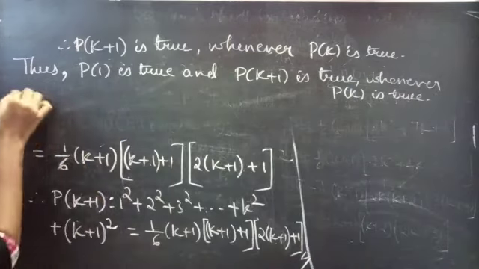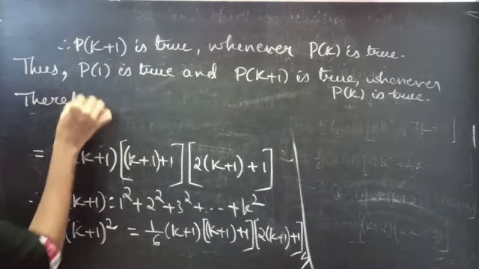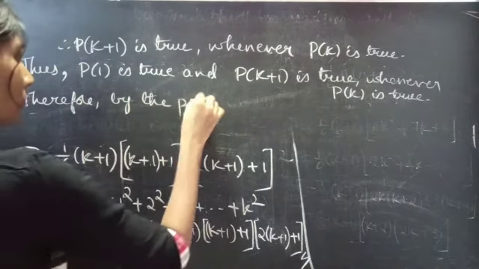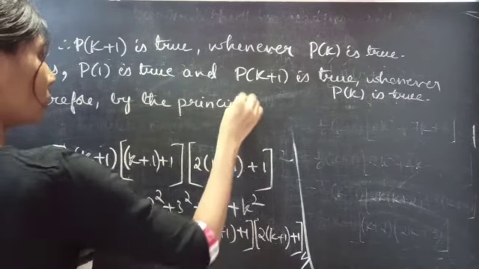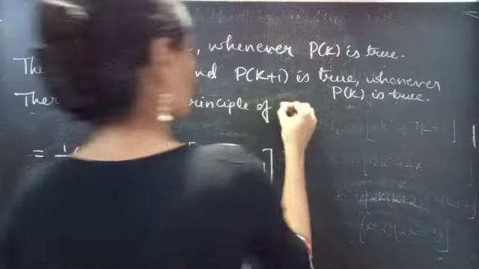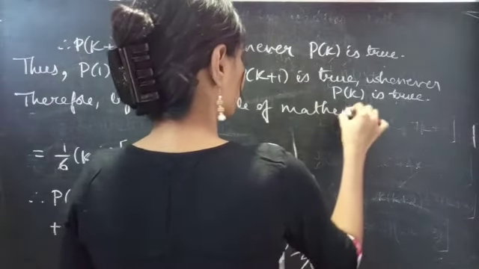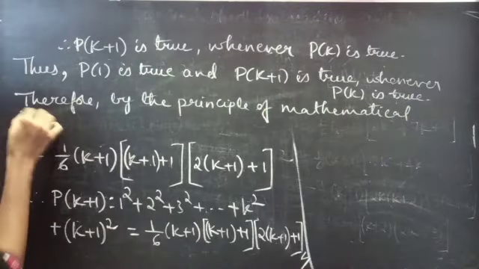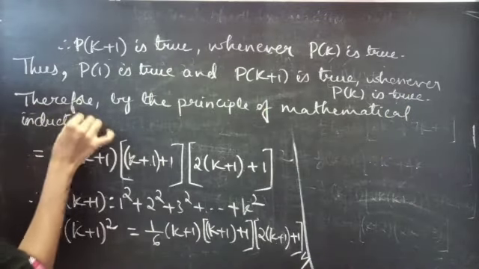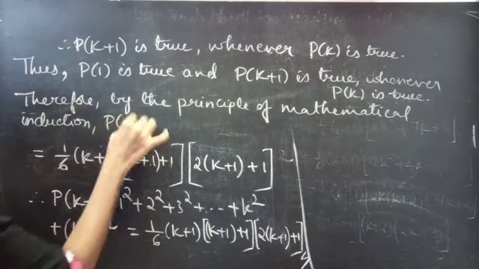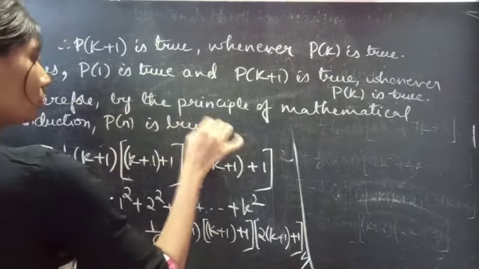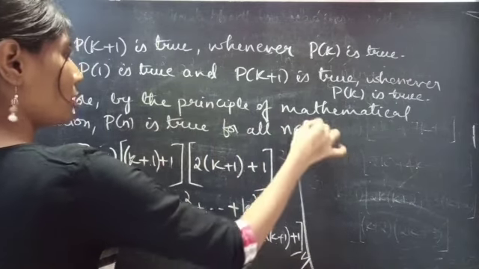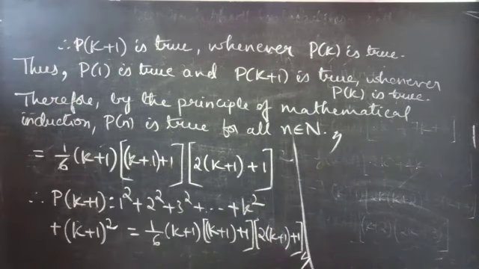Therefore, by the principle of mathematical induction, the given statement P of n is true for all n belonging to natural numbers. This completes the problem.